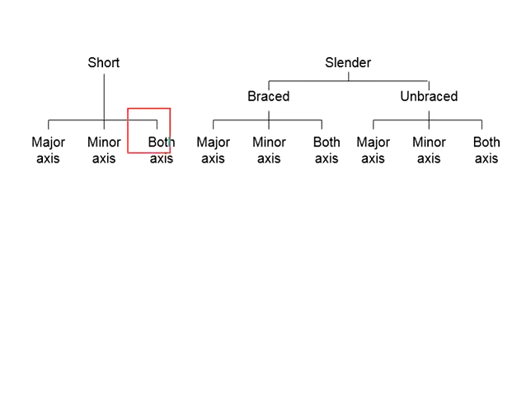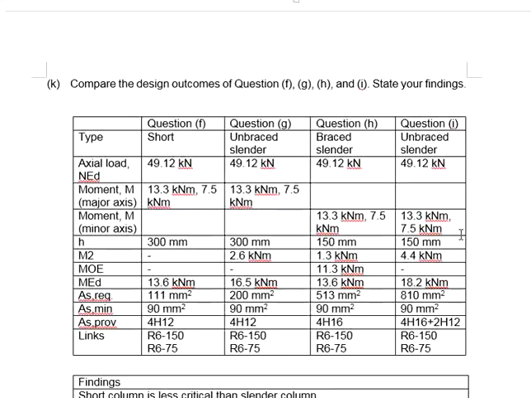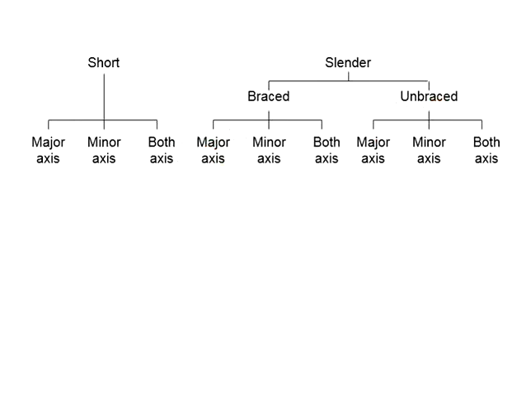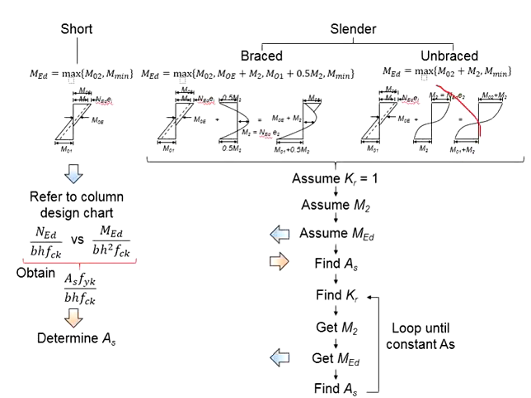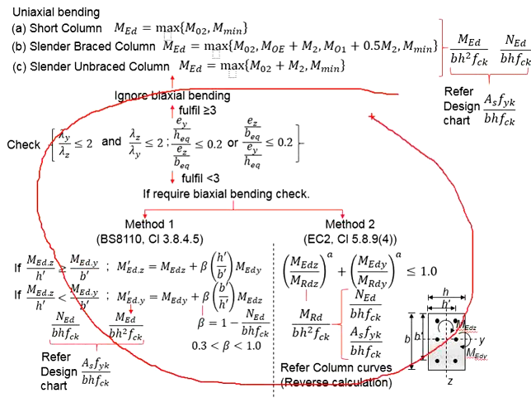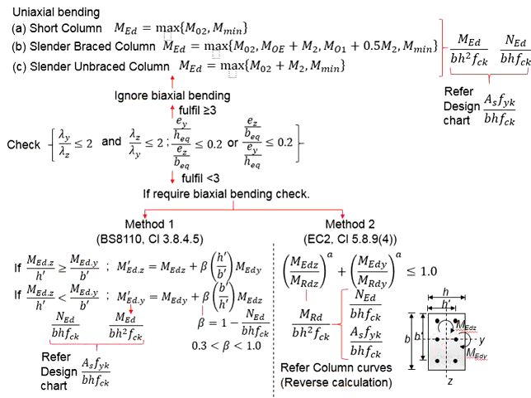We will come back and discuss the both-axis design after we have done the relevant example. Maybe you can challenge yourself after understanding this, and also based on your prior understanding of the process to design and check for the biaxial bending column, which we discussed in the module Reinforced Concrete 2.